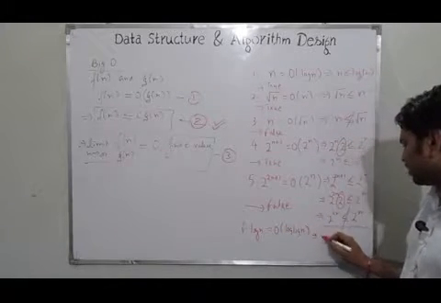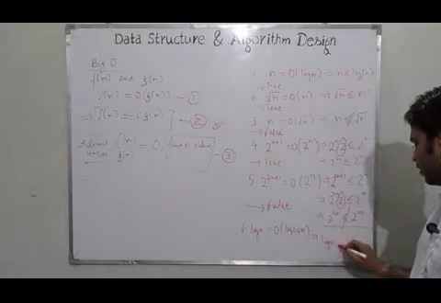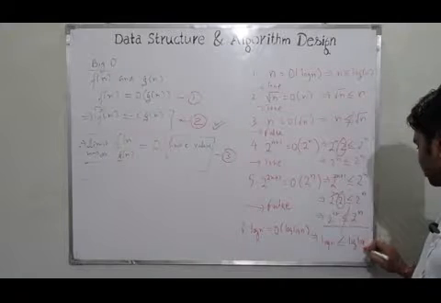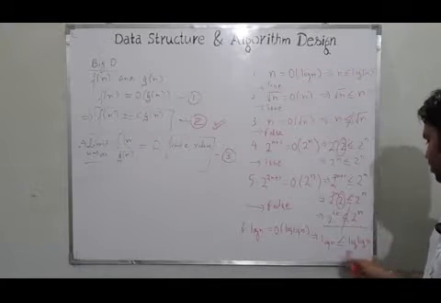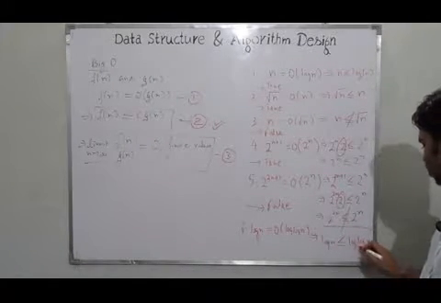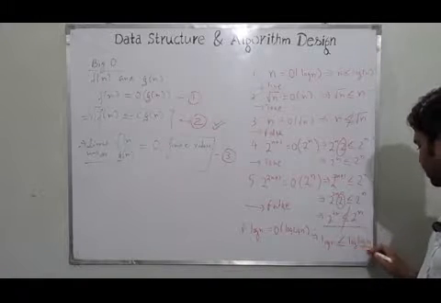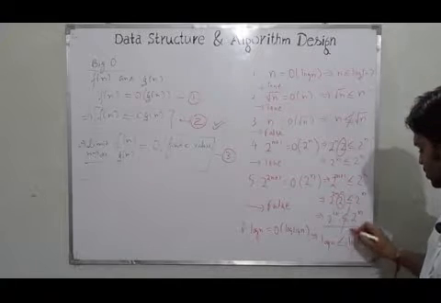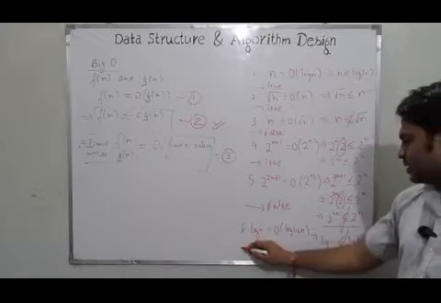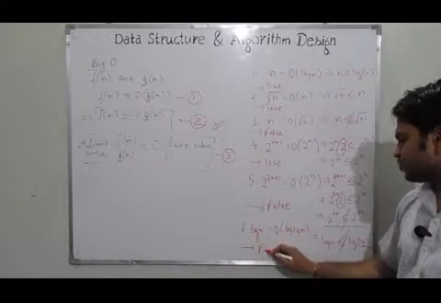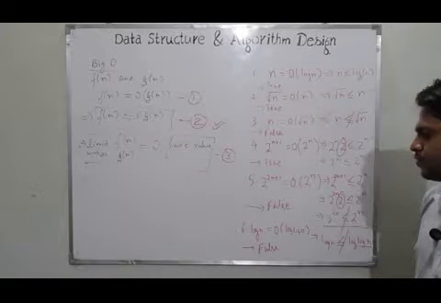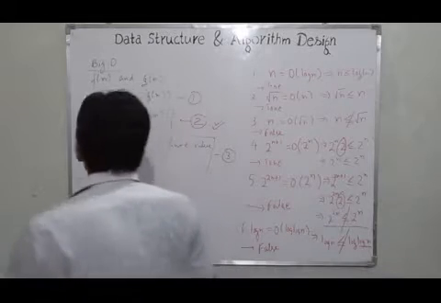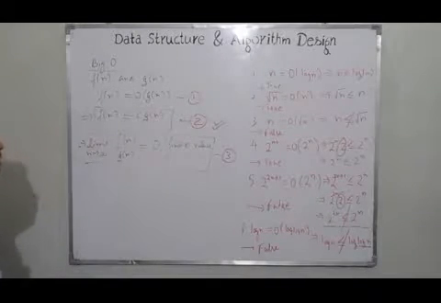So we can understand that log n can never be less than log of log n, because that would be a much smaller value as compared to log n. So this is also not true, hence this expression is also false. Fine, that is the idea. Let us take more examples related to it.